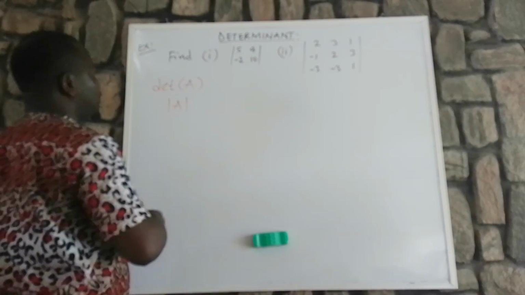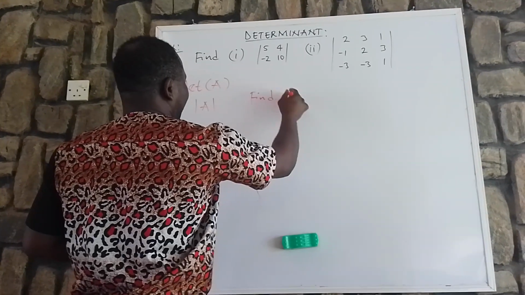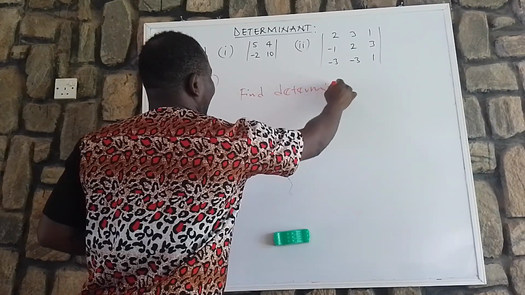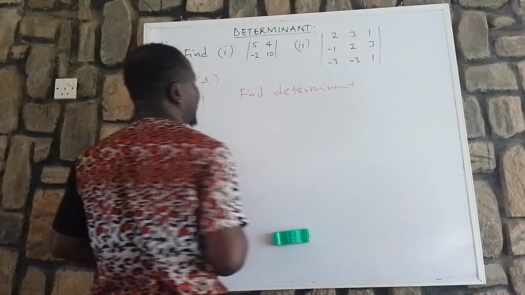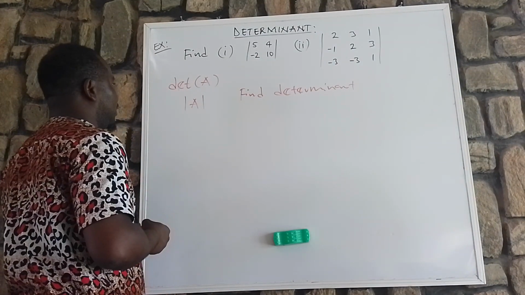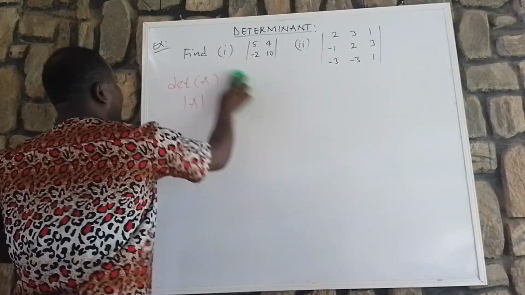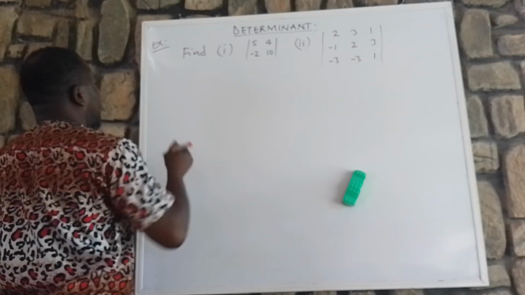They don't need to write find, as you may write it this way, find determinant. This means you have to obtain the determinant. You don't need a prophet to tell you. Okay, so let's look at it together. Let me show you how to obtain a determinant.